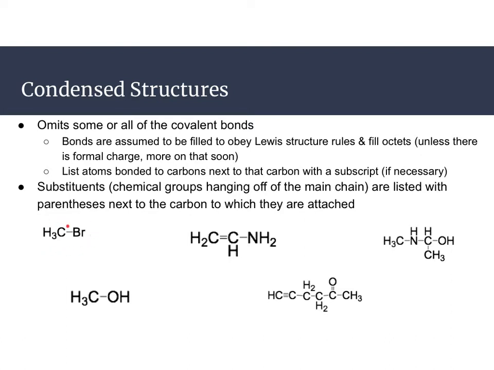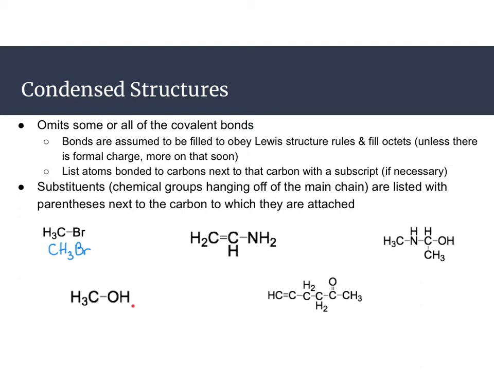So unlike in the structural structure where I write the hydrogens first because I want to show that carbon-bromine bond, when I write my condensed structure, I'm going to write carbon first, then my three hydrogens, then my Br. And just like when you got a formula to draw a Lewis dot structure before, it's assumed that you understand that this carbon is the central atom with everything else bonded to it.